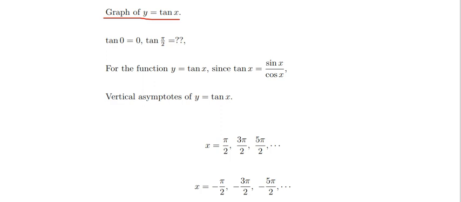But we have some trouble: tangent of pi over 2 is undefined. If we use a calculator, it may give us an error message. So why does tangent of pi over 2 not work?